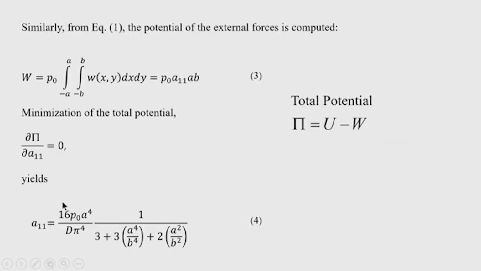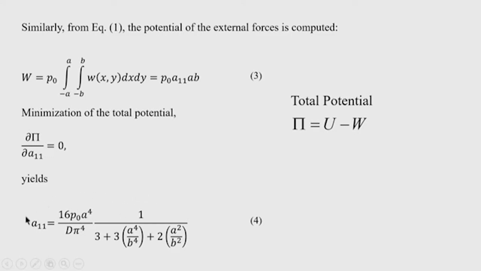Therefore, we get the A11 coefficient, which contains the load intensity, the dimensions of the plate, and other parameters containing the material constants of the plate, that is the Young's modulus of elasticity and the Poisson ratio, which form the flexural rigidity of the plate, that is D equal to E h cube divided by 12 bracket 1 minus mu square.